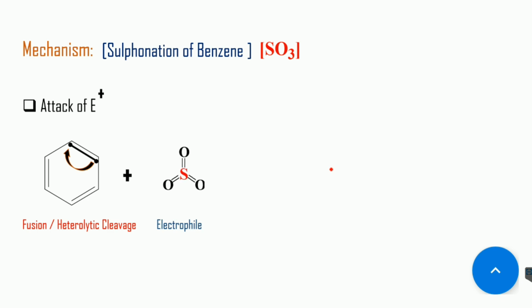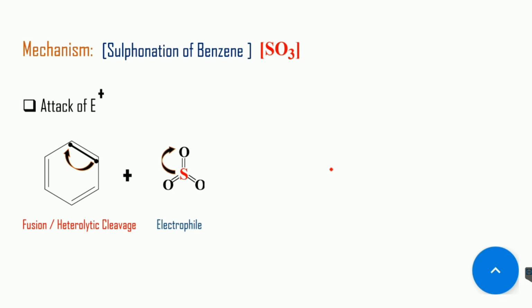If you see its Lewis structure, then you easily understand why this one is better than any other electrophile. It's a polar molecule with a fair amount of positive charge on the sulfur atom, and it is highly attracted to the ring electrons.